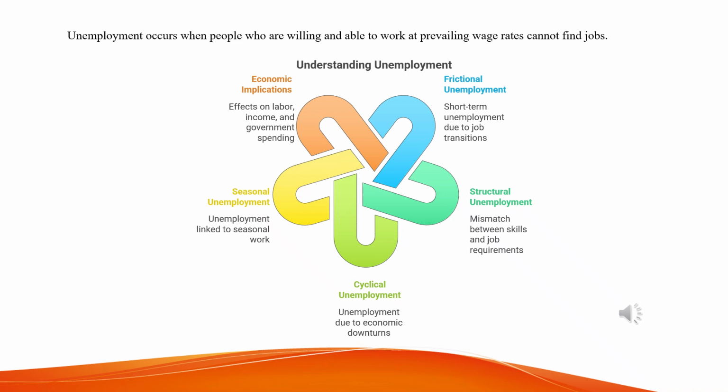Voluntary unemployment occurs when individuals choose to leave their jobs voluntarily or retire. Underemployment is where individuals are working in jobs that are below their skill level or working part-time when they desire full-time work. And the other implications of unemployment are on labor income and government spending.